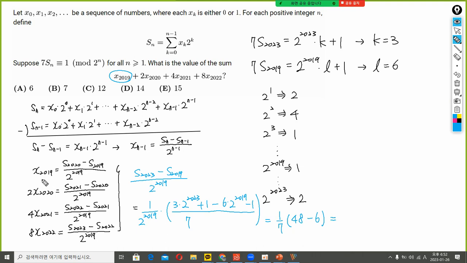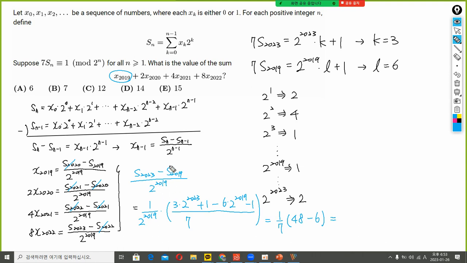And for the second term, we can do the same thing. So when we add these four terms, these intermediate sums all cancel. So only the last and the first series remain, and it's divided by 2 to the 2019th power.